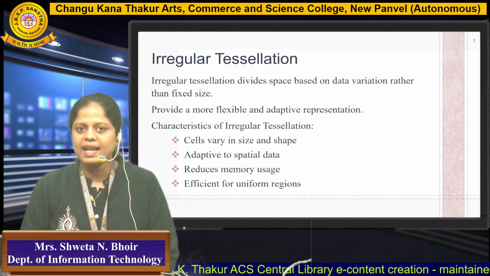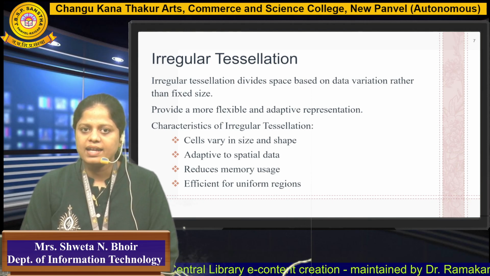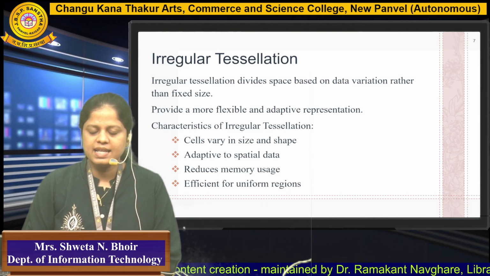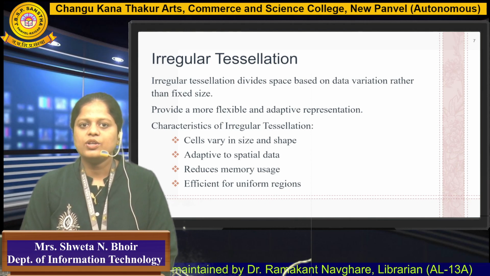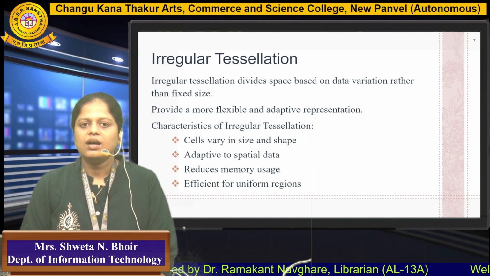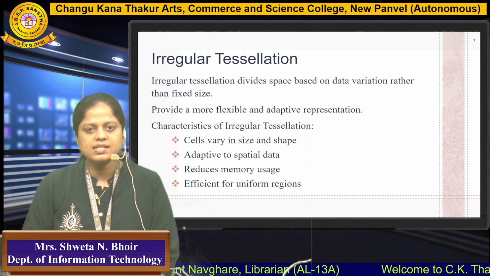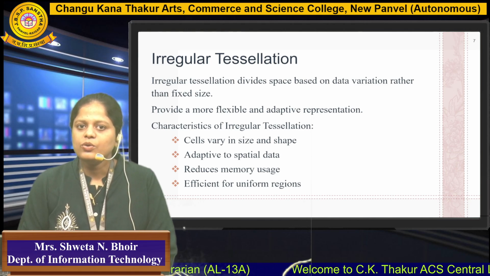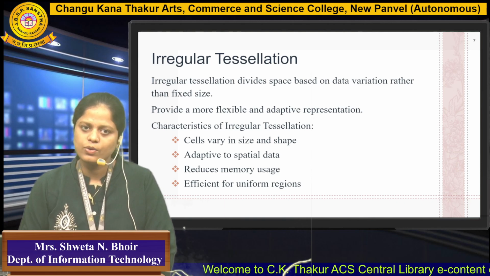So what are the characteristics of the irregular tessellation? Cells vary in size and shape. Whatever cells you are using, for example hexagonal, triangular or square, you can use them in different sizes and different shapes. It is adaptive to the spatial data and more advanced than the regular one.